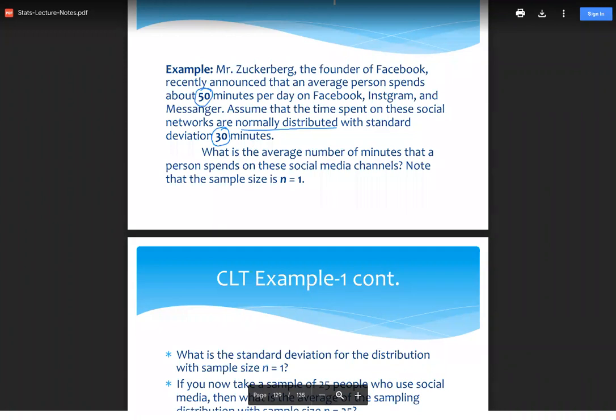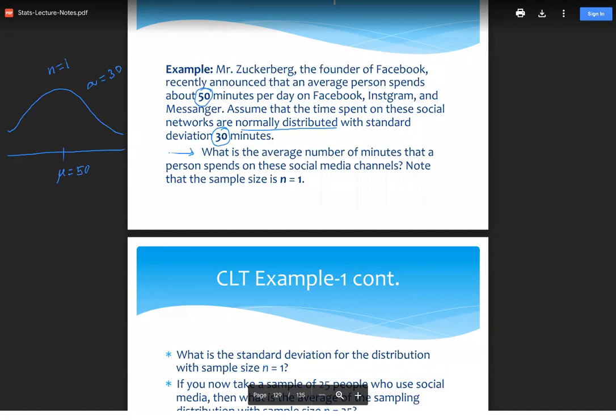So let me sketch something for your convenience. Thus, the original population is bell-shaped with a mean mu equal to 50, and standard deviation sigma is actually 30, let's say. This is for sample size of 1, remember. So the first question is this: what is the average number of minutes that a person spends on these social media channels?